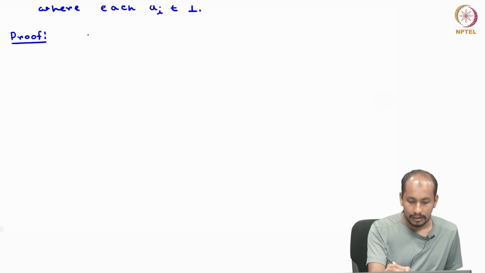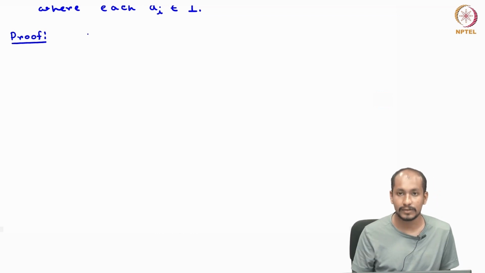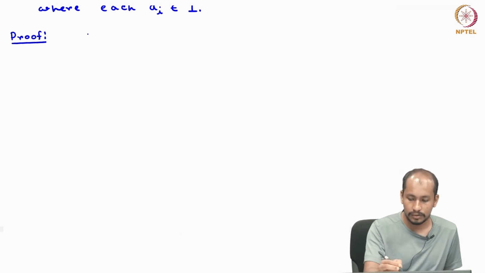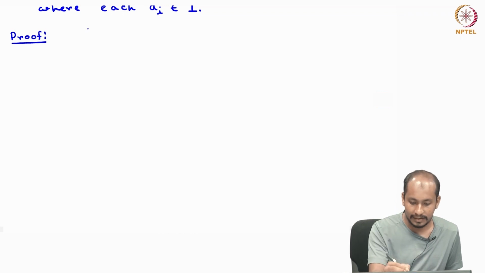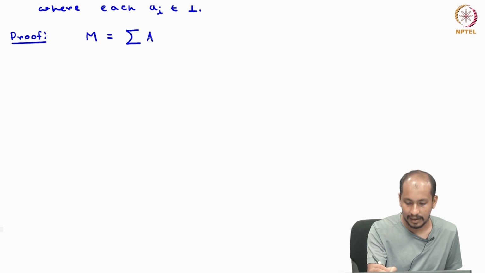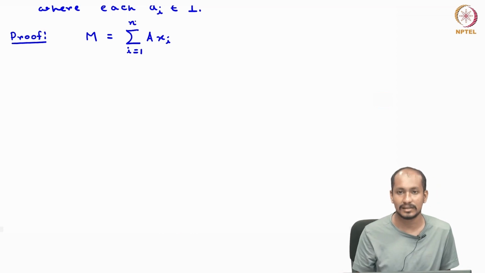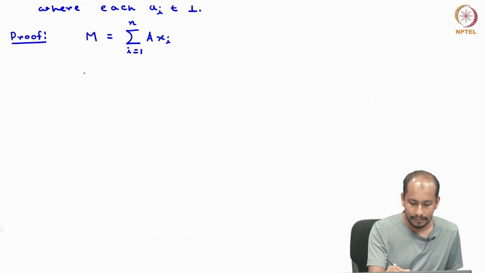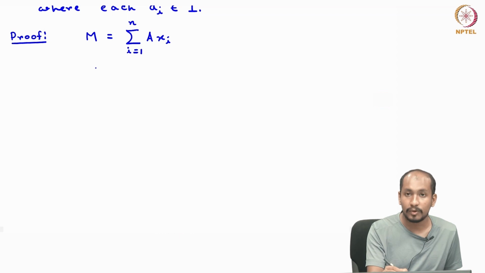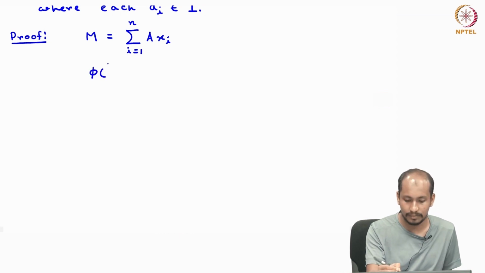Now given that M is a finitely generated A module, we can write M as summation A xi, i runs from 1 to n. It means that these xi's generate M as an A module. Also by our hypothesis, we know that the image is inside I times M, right?